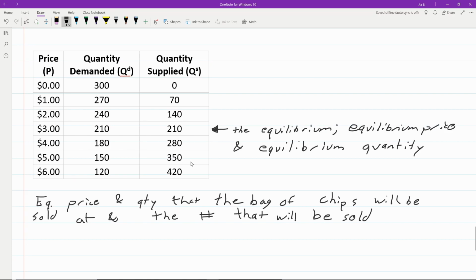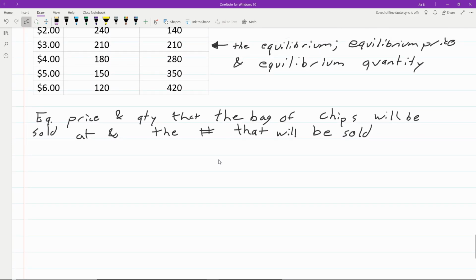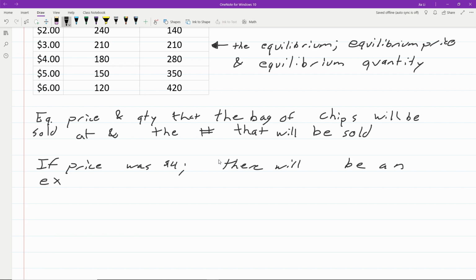So if the price was, say, $4, there will be an excess supply of the 280.